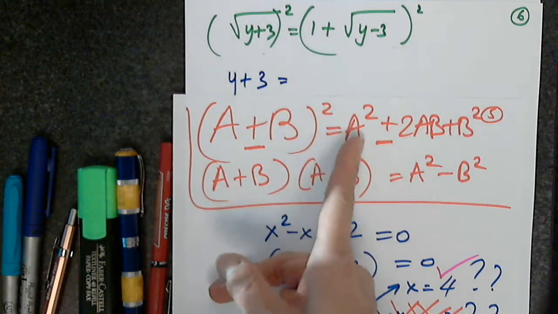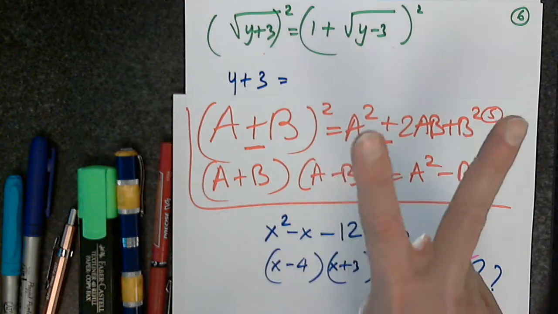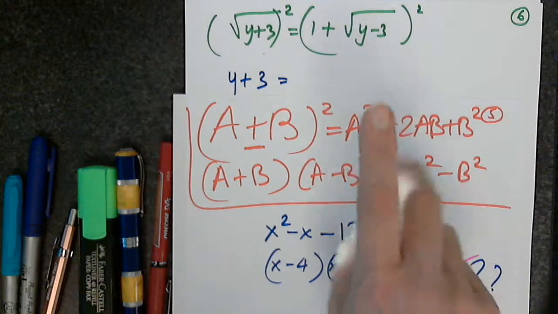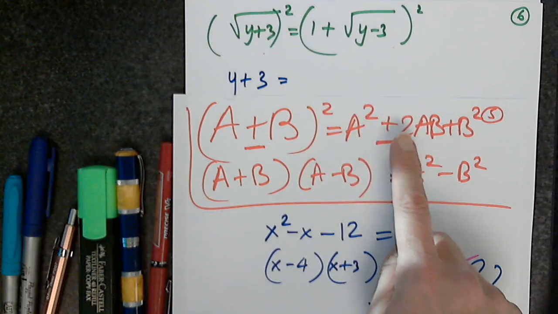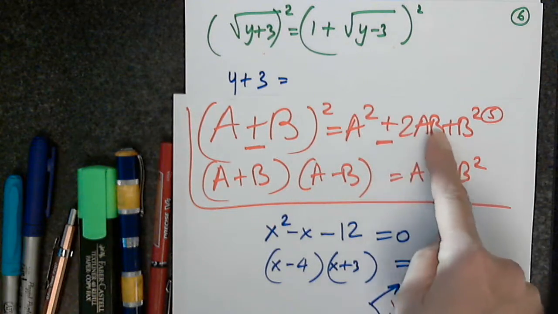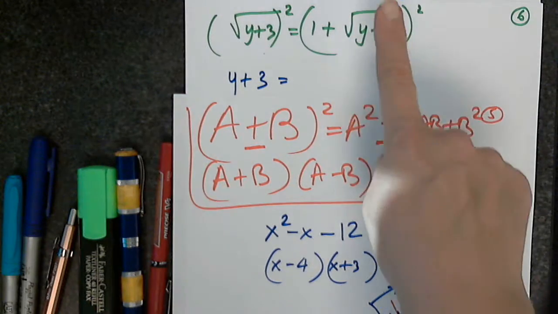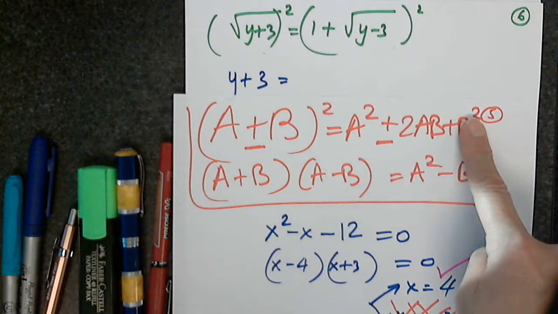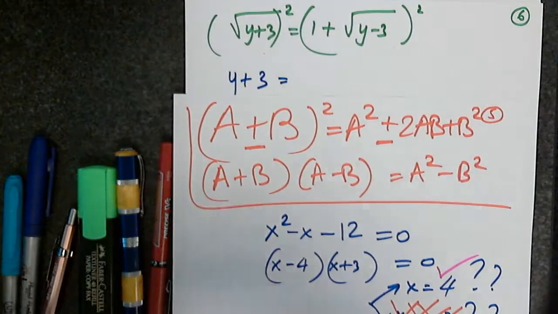The first term squared plus 2 from the formula, 2 times 1 times the square root, plus this squared.